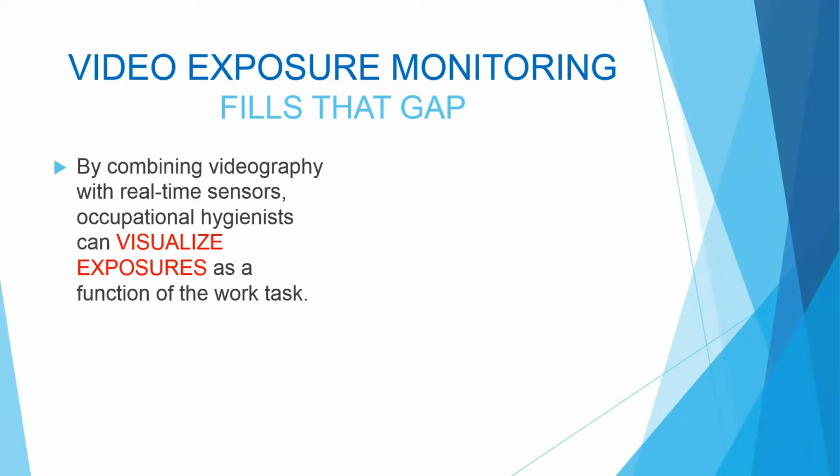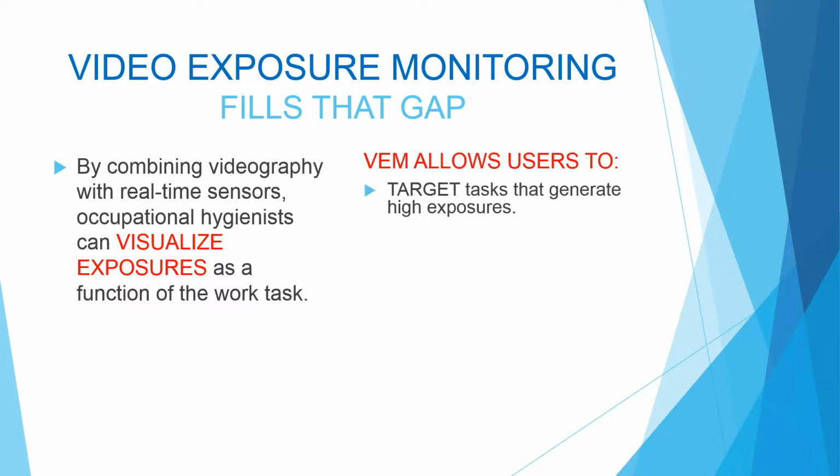By combining videography with data from real-time sensors, hygienists can actually visualize exposures as a function of the work task. And armed with that information, hygienists can better target tasks that are actually generating the higher exposures.